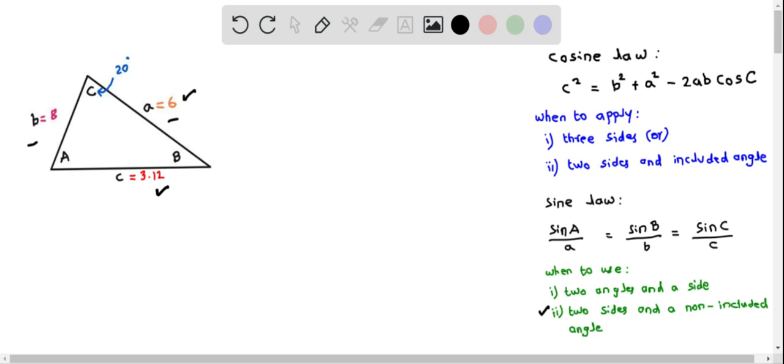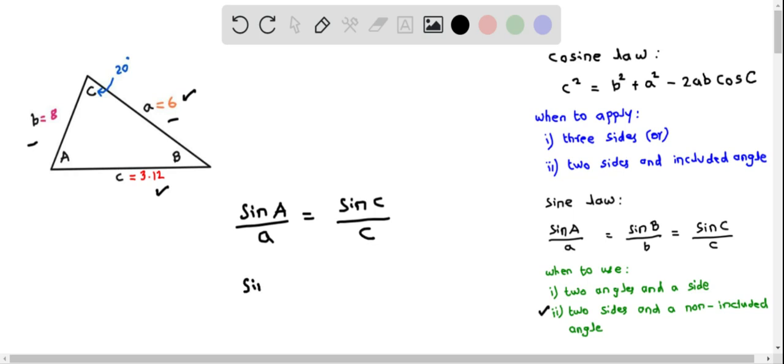So using this, we can determine the angle A. I am writing this form of the sine law, that is sine A over a equals sine C over c. Now let's substitute the known values.